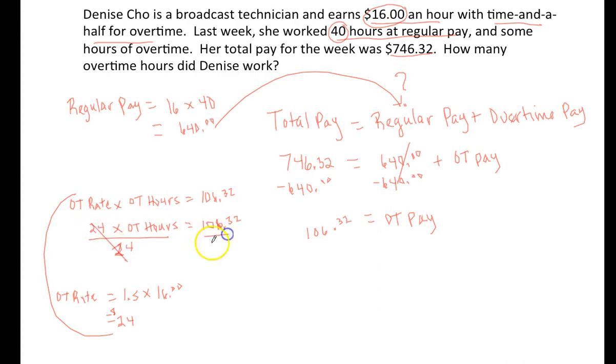That is a 24 right there. And that will tell me the number of overtime hours that it took to get that $106.32 in pay. So I take 106.32 divided by 24, and I get 4.43 hours. That shows she had 4.4 overtime hours.